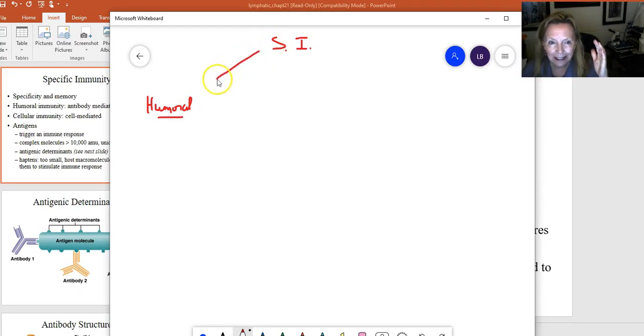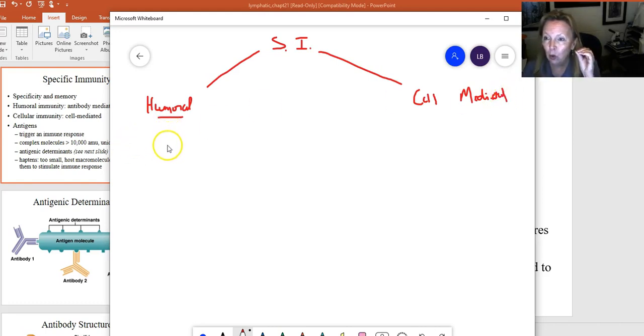The second major type of specific immunity is actually called cell-mediated. So first let's talk about the humoral. This is mediated, M-E-D-I-A-T-E-D, cell-mediated. But first let's talk about the humoral and what is needed for humoral immunity.